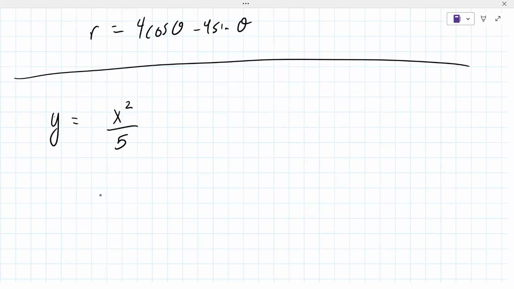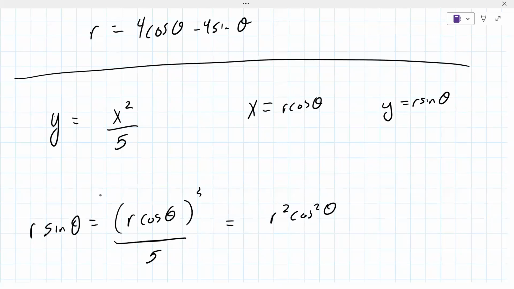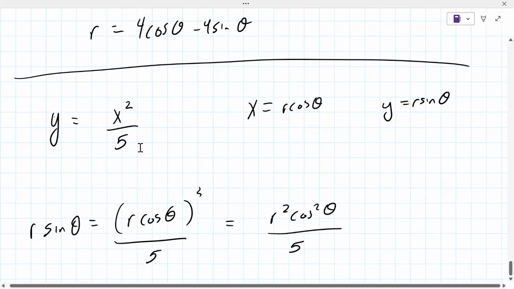The main substitutions here are x equals r cosine theta, y equals r sine theta. r sine theta equals (r cosine theta) squared over 5. That becomes r squared cosine squared theta over 5. Is that okay so far?